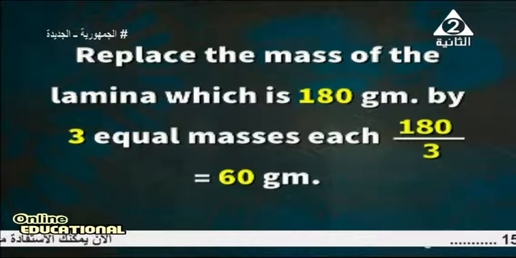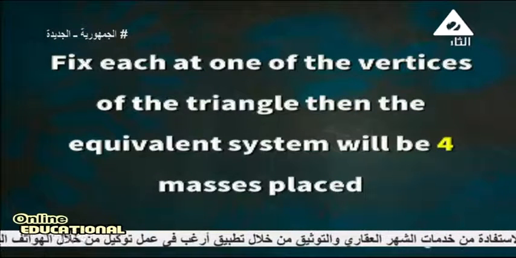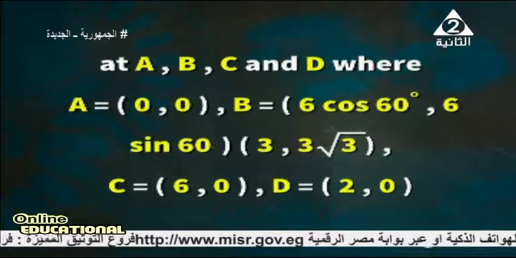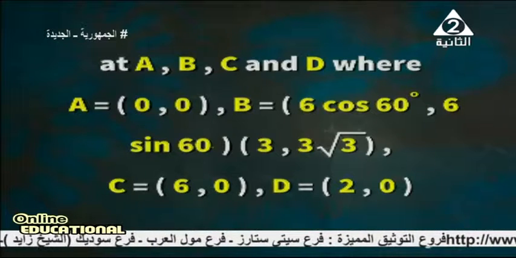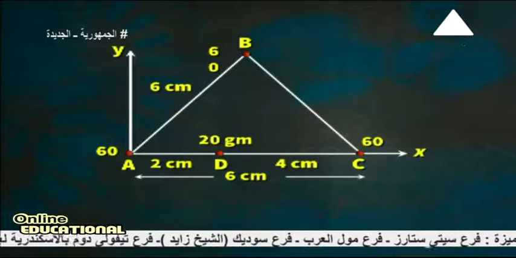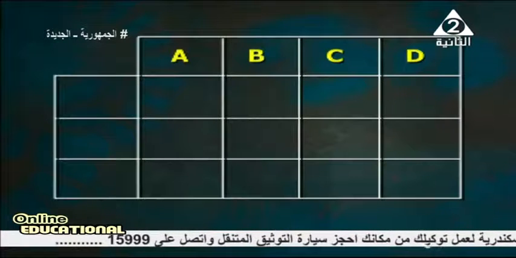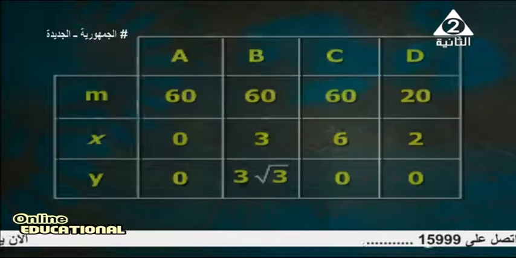Now we can determine the center of gravity by dividing the mass of the lamina into three equal masses and determining each point. After that, form the table to calculate the center of gravity, xg and yg.